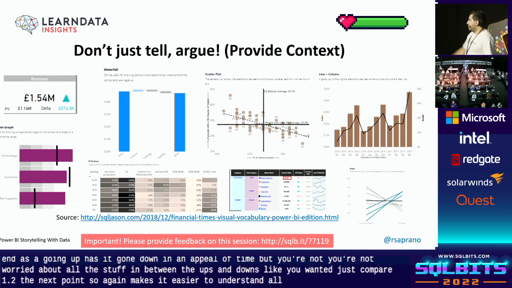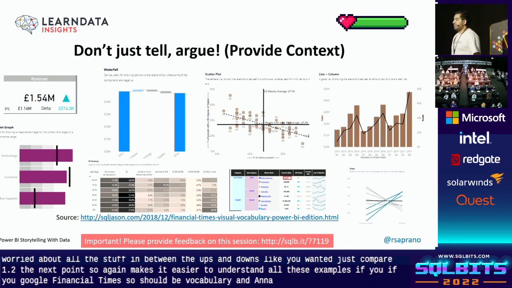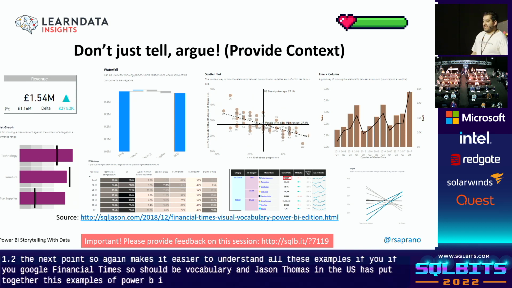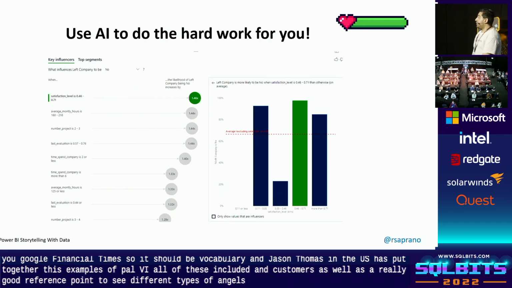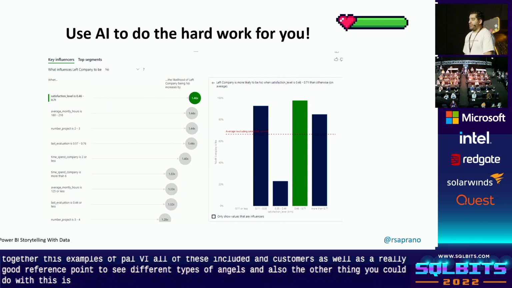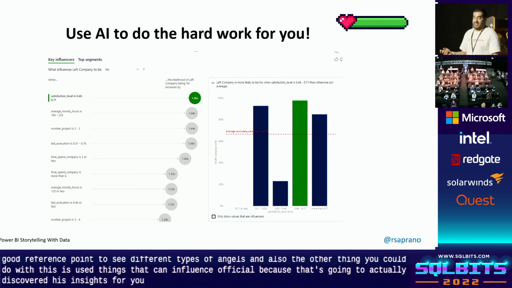All of these examples, if you Google Financial Times visual vocabulary, and a guy called Jason Thomas from the US has put together these examples in Power BI for all of these, including some custom visuals as well. So it's a really good reference point to see different types of visuals. And also, the other thing you can do with this is use things like key influencers visual, because that's going to actually discover those insights for you, potentially.